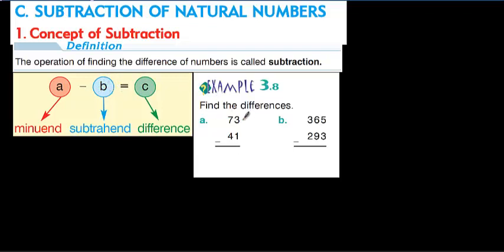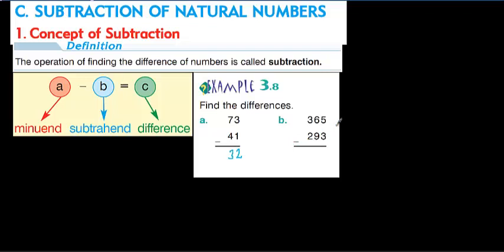In addition, we add the terms; in subtraction, we subtract the terms. From 3, if you subtract 1, the result is 2. From 7, if you subtract 4, the result is 3. So the result of this subtraction is going to be 32.